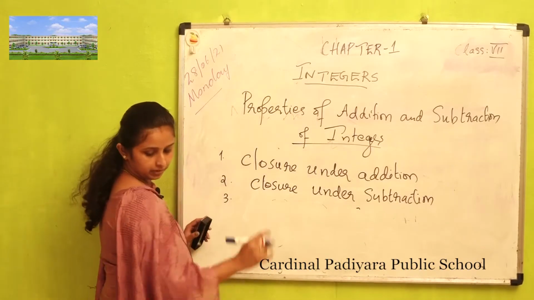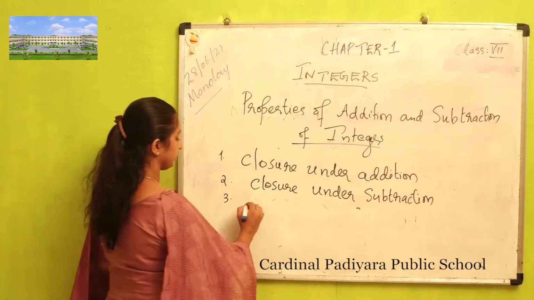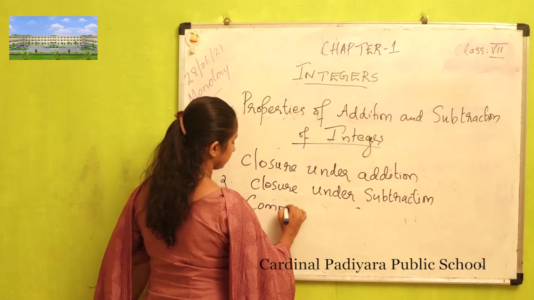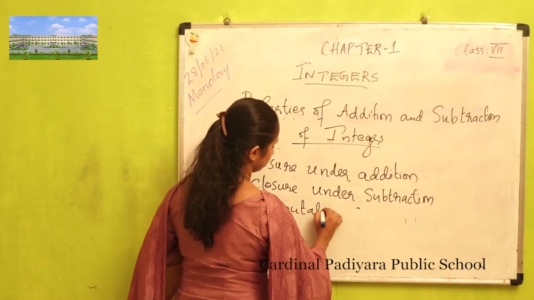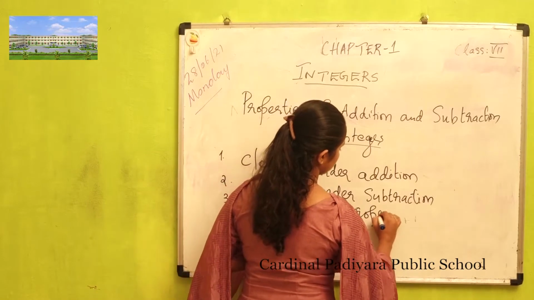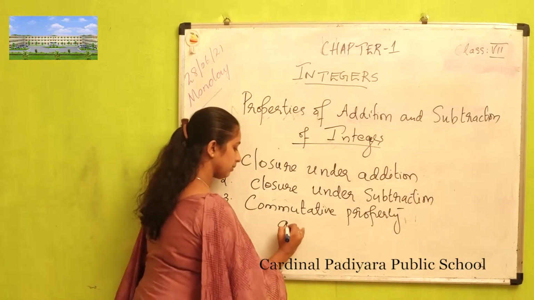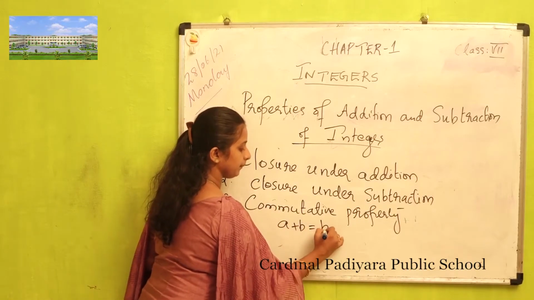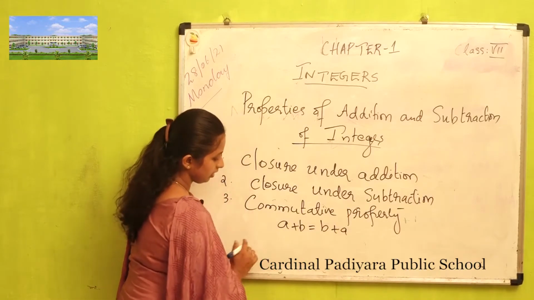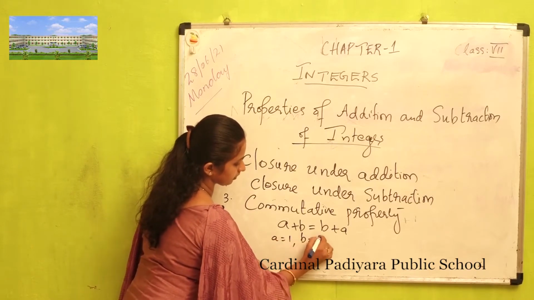Now the third property is the commutative property. Commutative property means a plus b can be written as b plus a. We can take an example. Let a be equal to 1 and b be equal to 3.